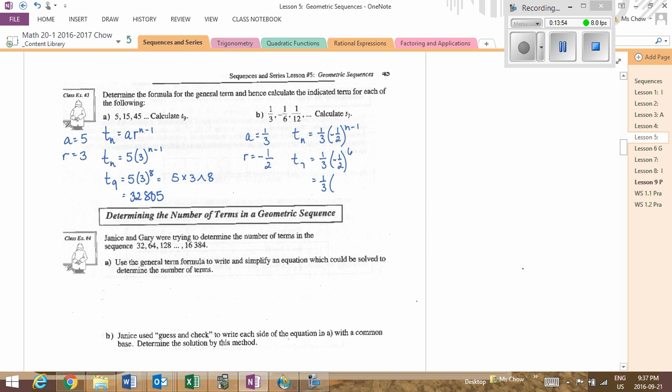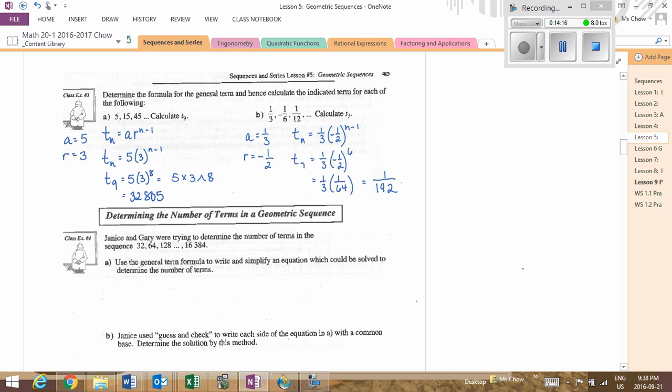Because there's going to be 6 negatives, that ends up being positive, so it will be 1/64. And so 1/3 times 1/64 then is 1/192.